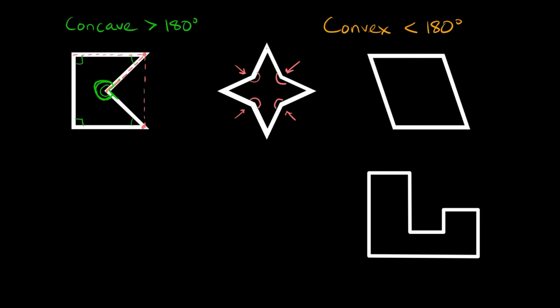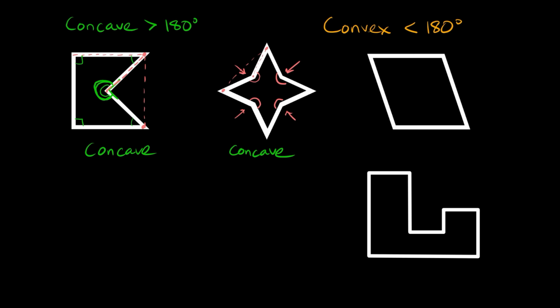So if I drew a line from, let's say, this corner to this corner, you can see, okay, that's fine, I'm good there. But what if I drew a line from here to here? Okay, well here, I'm going to end up outside, right? So then we know that this shape, this star, is concave, right? And again, remember this one was also concave.